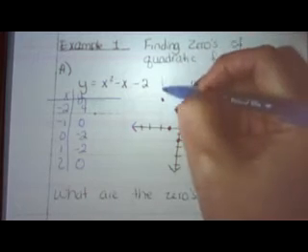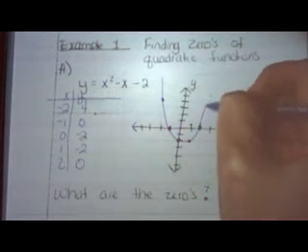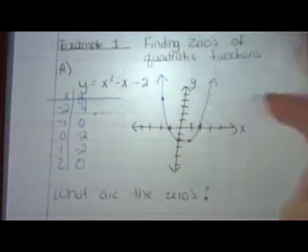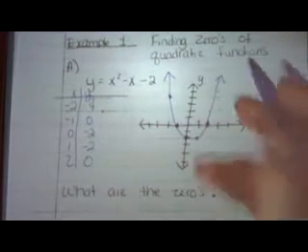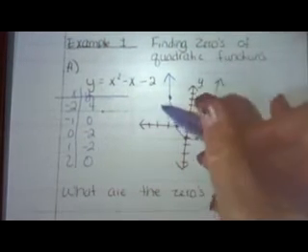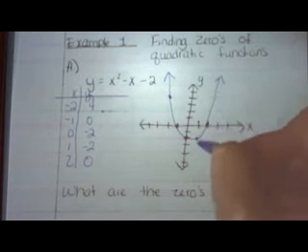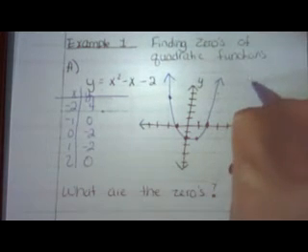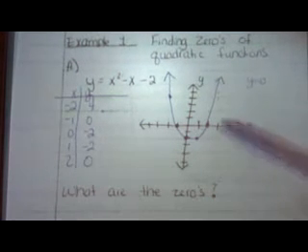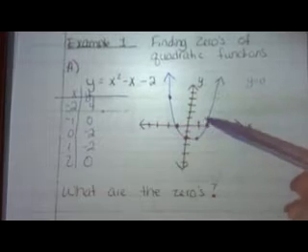Alright, when we graph our smooth curve, it's going to look something like this. You've now graphed that parabola. Now we want to find the zeros of the function. Remember, zeros of the function is where your y equals 0. Therefore, I know it has to be your x-intercepts.